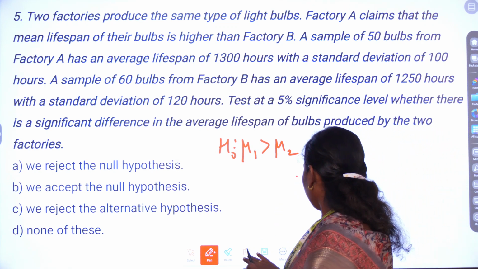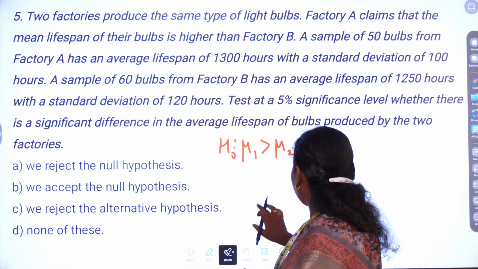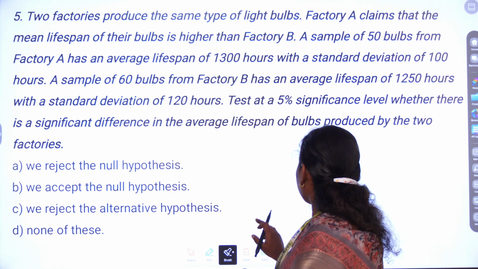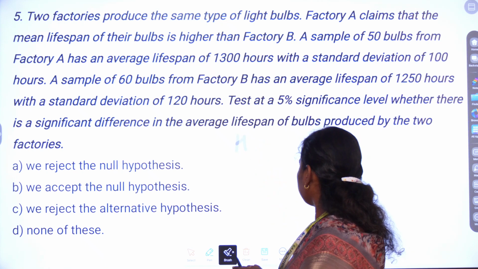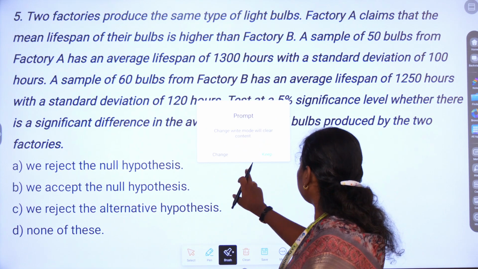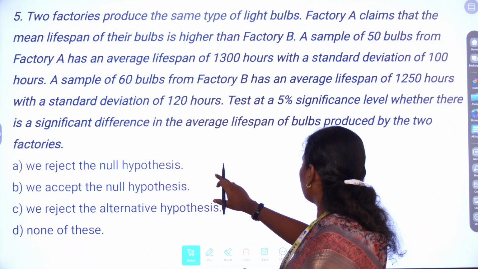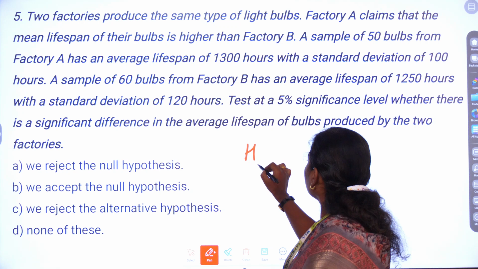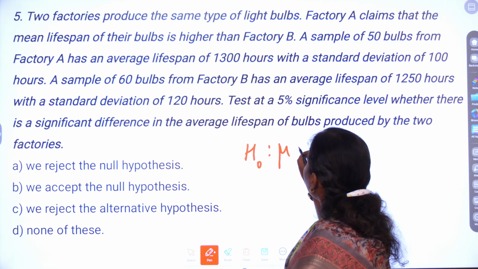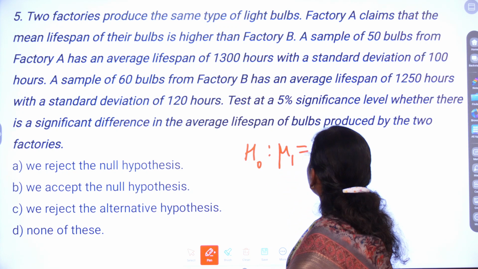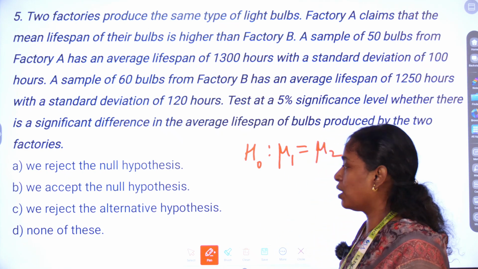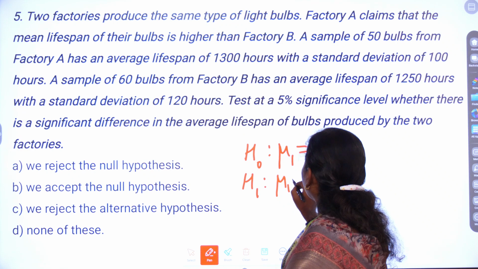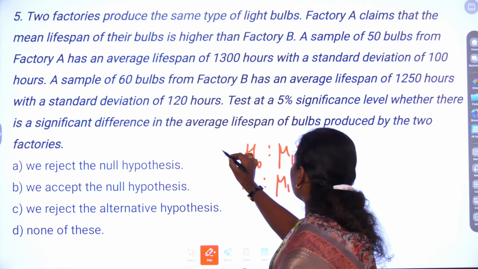So here your H naught is mu1 is equal to mu2, and your H1 is mu1 greater than mu2. So this is your step 1.